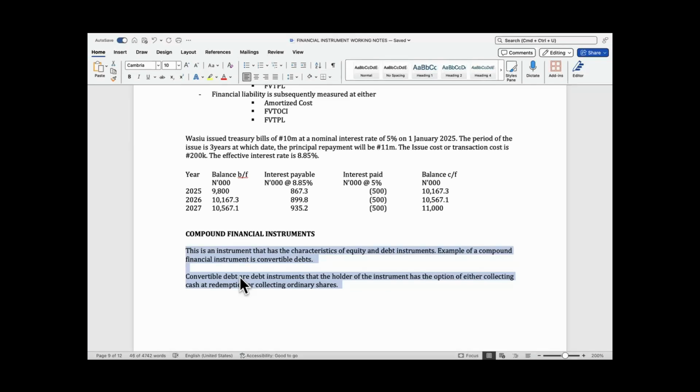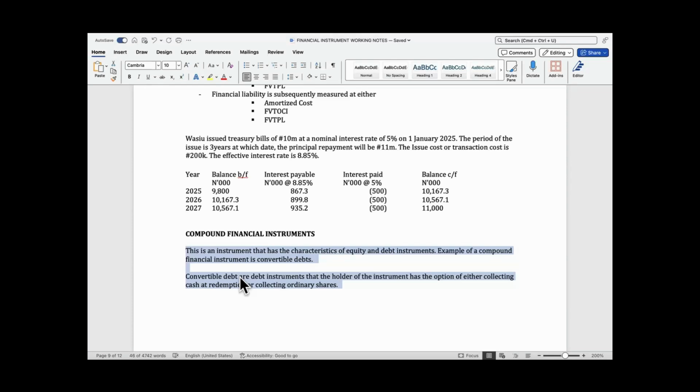You borrowed money, but the person that collected the money has given you like an open check. He said, my dear investors, when you want to collect back your money at maturity, you can choose to say, okay, don't give me back this money. Rather, give me shares.